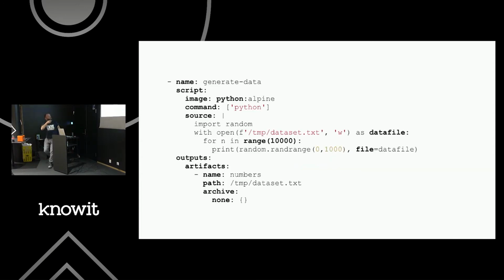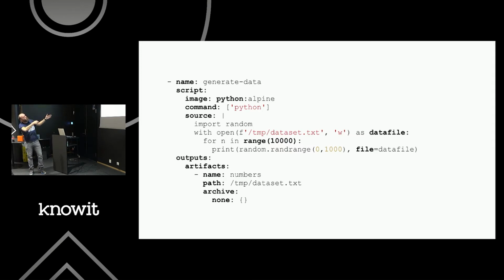So this is the generate-data step that was referenced above. It is of type script. Script is a quick and dirty way to define the task. It uses the Docker container image python:alpine, which is a small Python image.